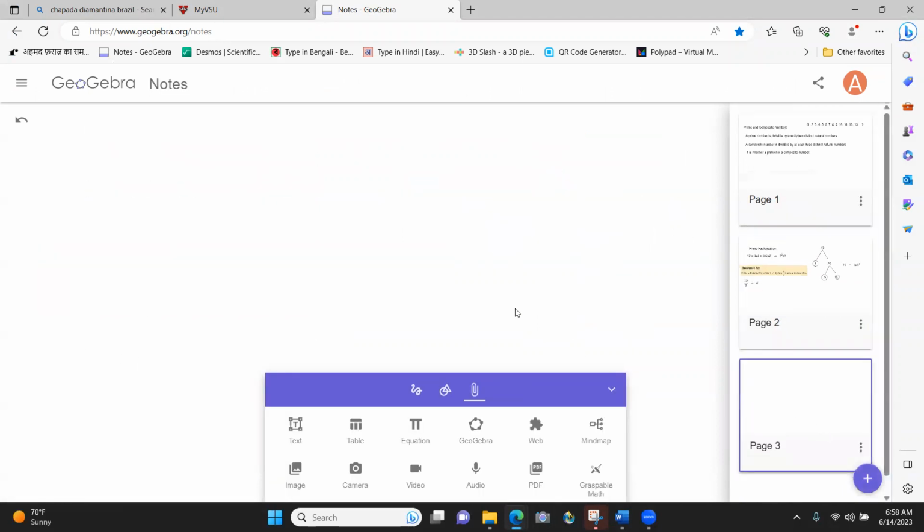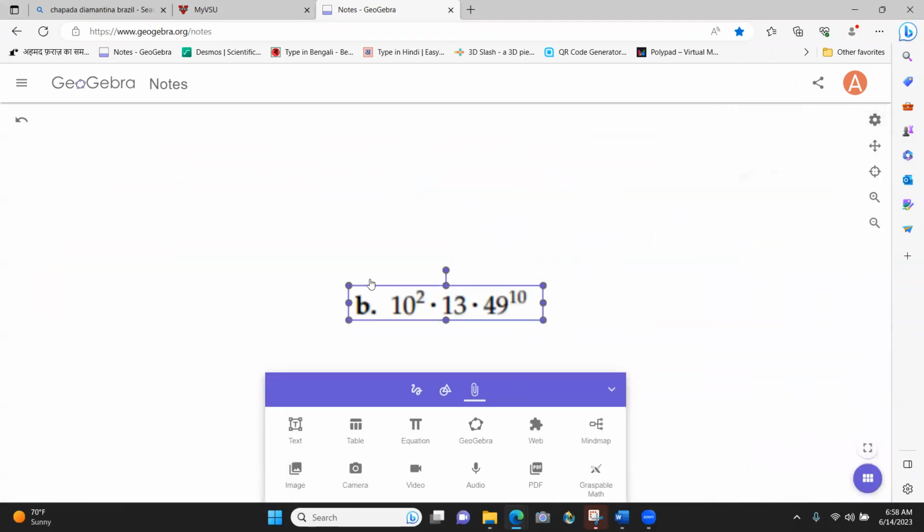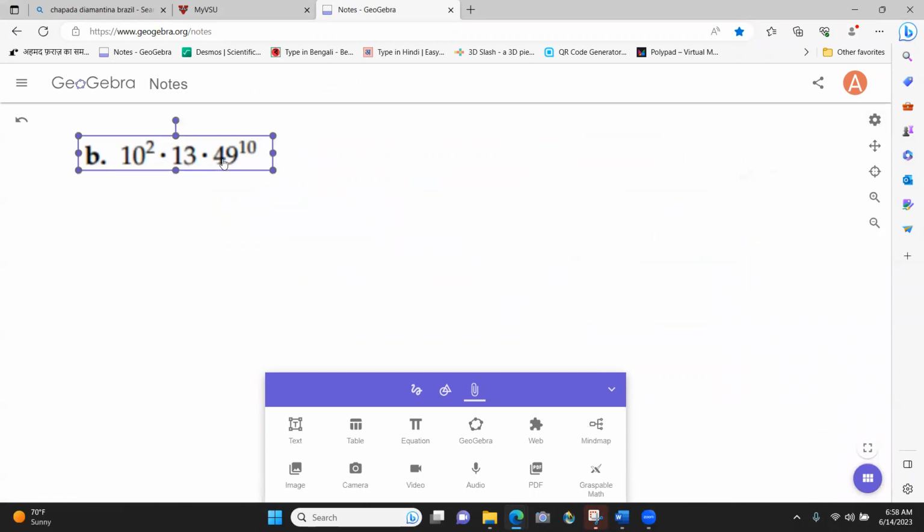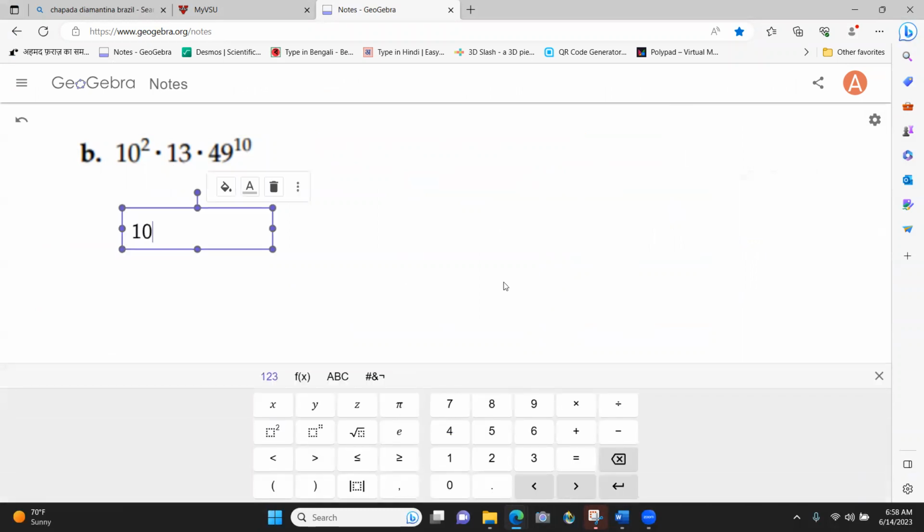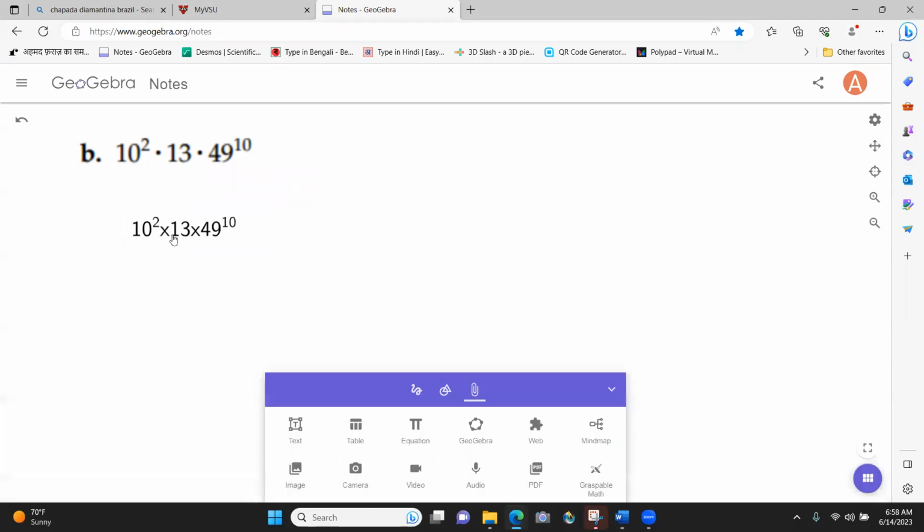Okay, now prime factorization of this. 13 is a prime, so I don't have to worry about it. I'm going to write the given question as follows.